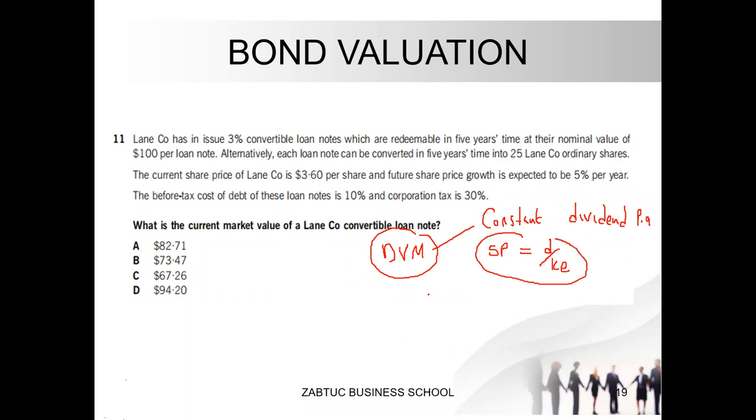What if the dividend is growing at a constant rate? The share price is what?